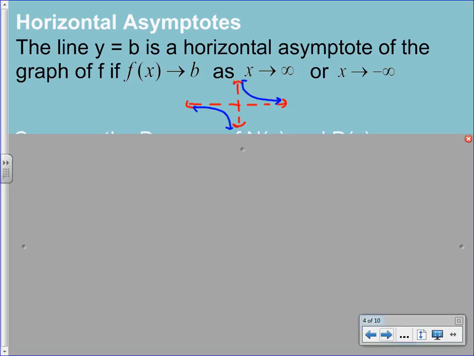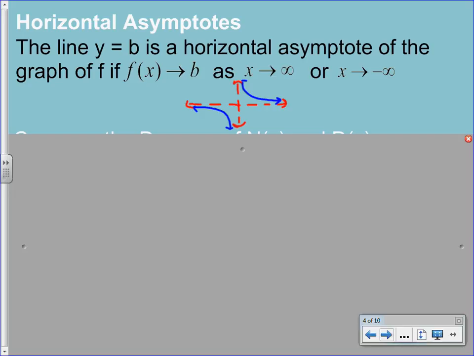Something that we need to discuss: a horizontal asymptote is defined by the ending behavior. As we go to infinity, our graph is going to approach that line. As we go to negative infinity, our graph is going to approach that line.